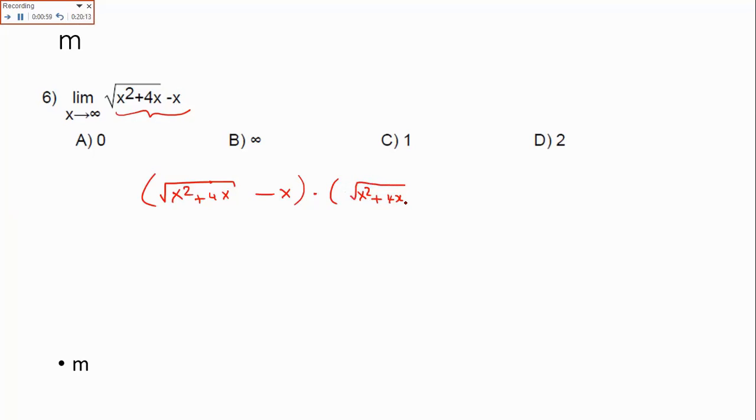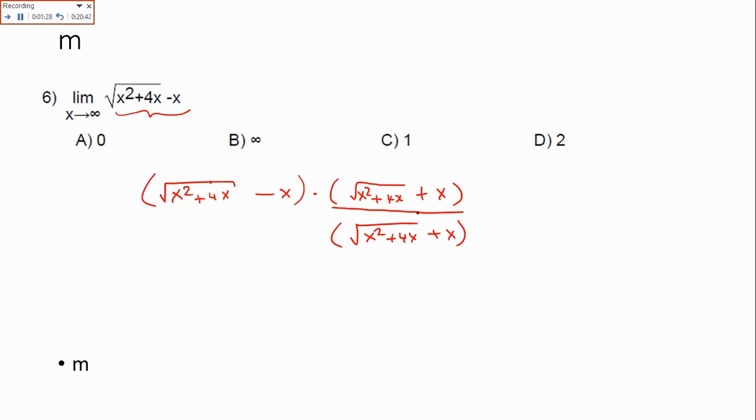For x, and then plus x, and then we're going to divide by the same thing. So we're going to divide by square root of x squared plus 4x, and then plus x. So it's as if we're multiplying by 1, right?